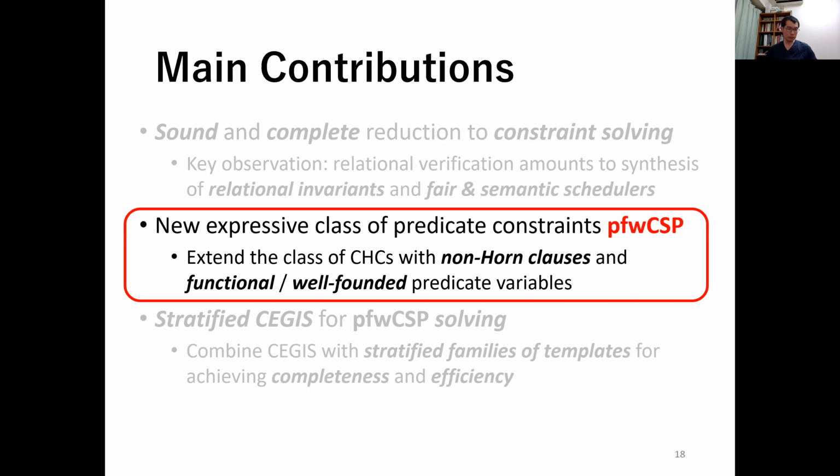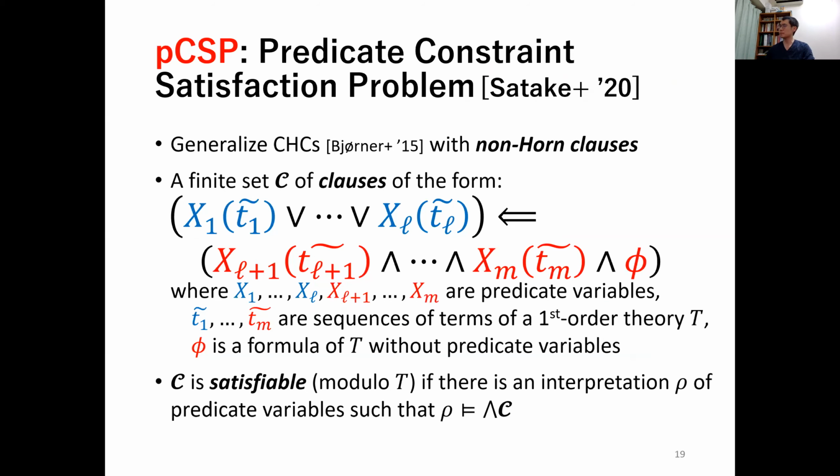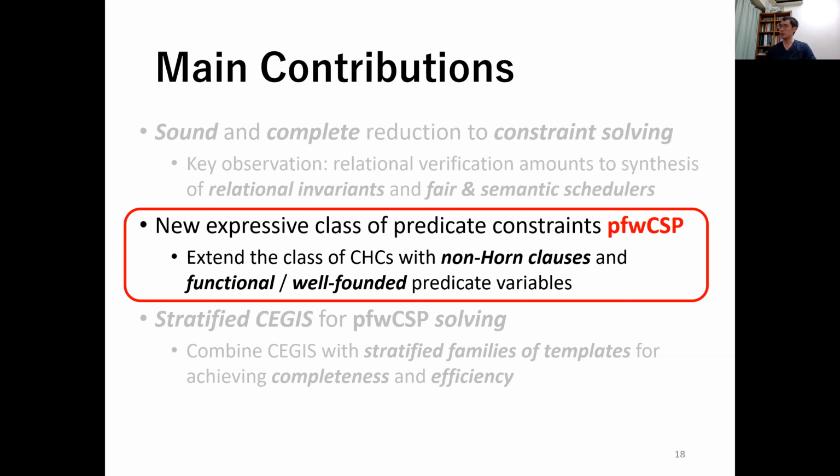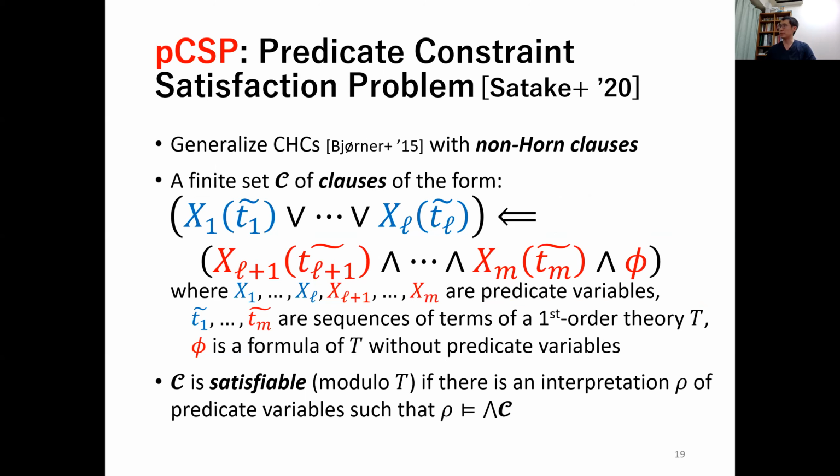Now, what is this class of constraints that we propose, that were used to reduce the problems to? This is called pfwCSP. To describe this, I will first describe pCSP, predicate constraint satisfaction problem.